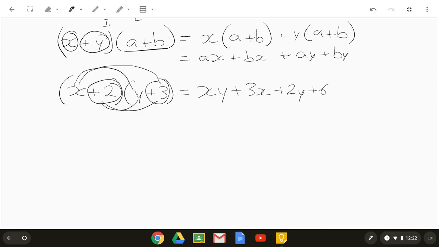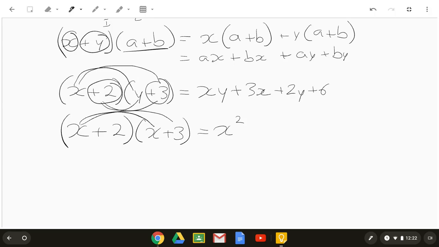Let's look at one where we have our x's in both sets of brackets, and this is something that you've seen more often. So x times x is x squared. Then we do our outside terms. x times plus 3 is 3x.